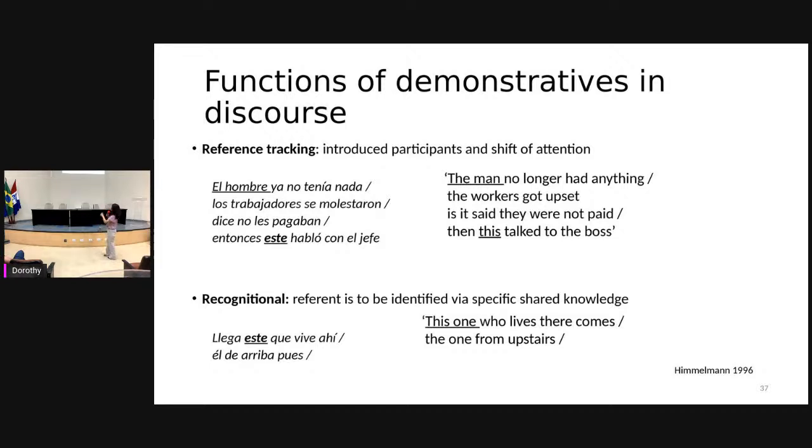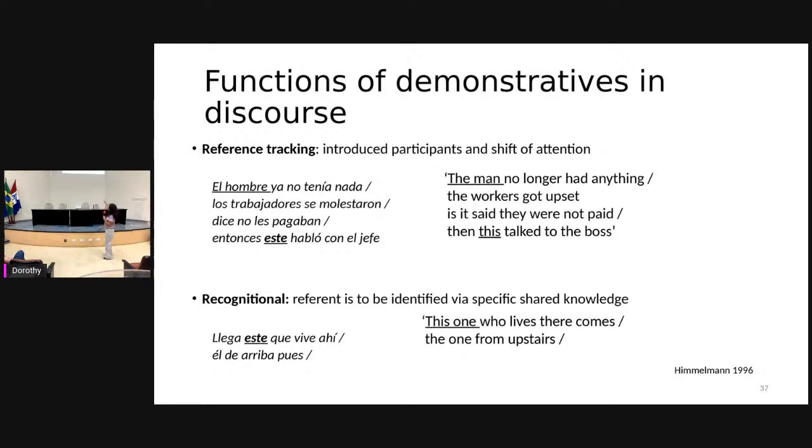This sequence shows that the speaker checks with the interlocutor: "Este que vive arriba, es de arriba, pues," and eventually the interlocutor may help you, or you may not get the reference. So these usages are called recognition uses in Himmelmann's model, and these are the ones that invite confusion and problems identifying the reference.